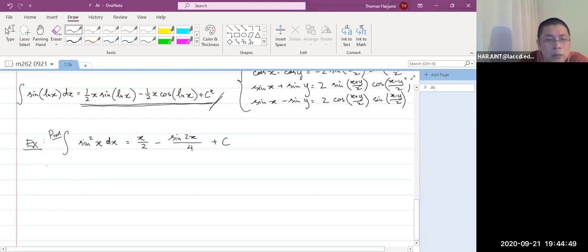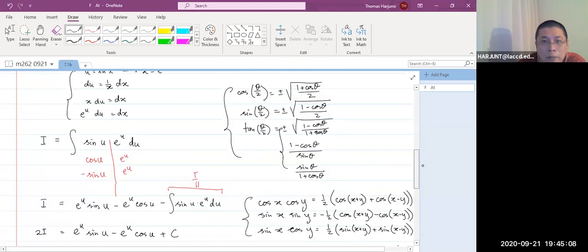Well, okay. Proof without integration by parts. If I do it without integration by parts, I will use the power reduction formula that we have above.